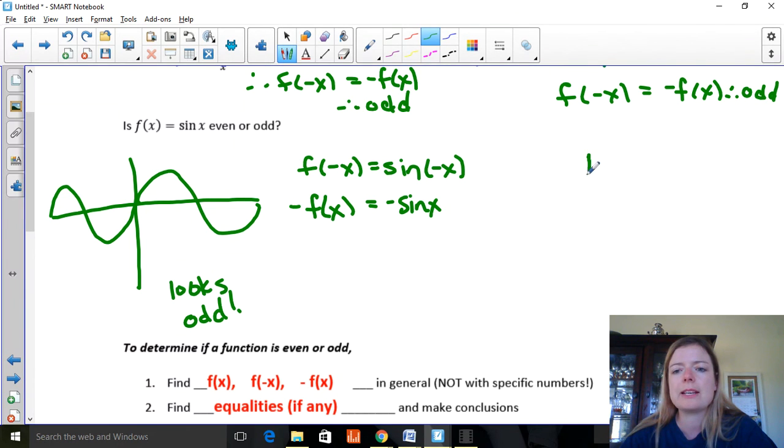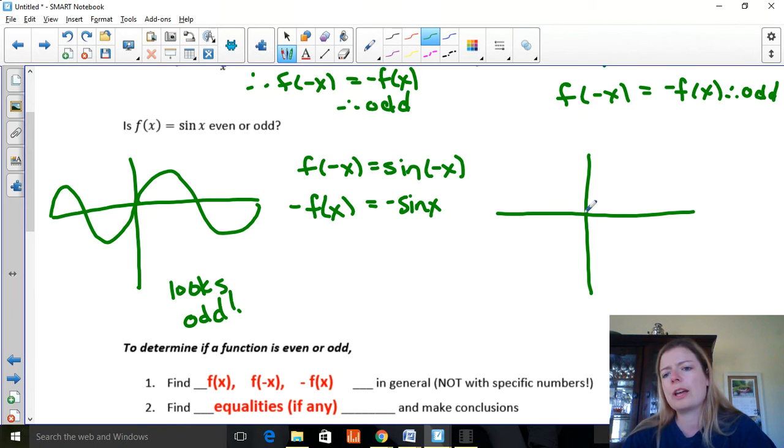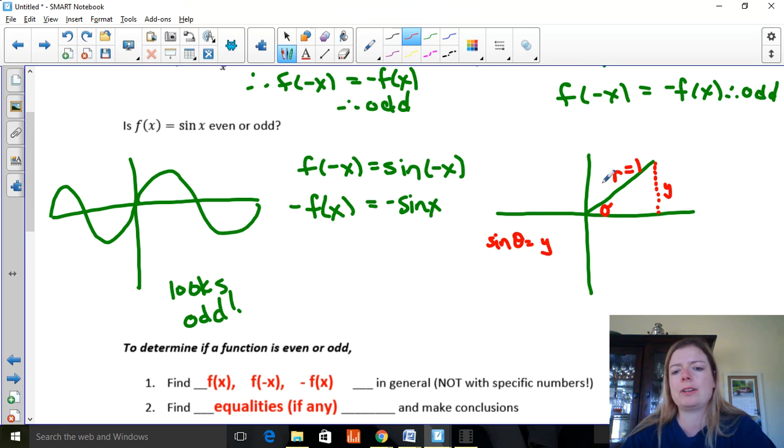So I've got to go to my definition of sine on the Cartesian plane. So recall that sine is just, if this is theta, and this is y, and this is r, remember that sine of theta is just equal to y, okay? Because we're going to let r equal 1 in the unit circle just to make things simpler.